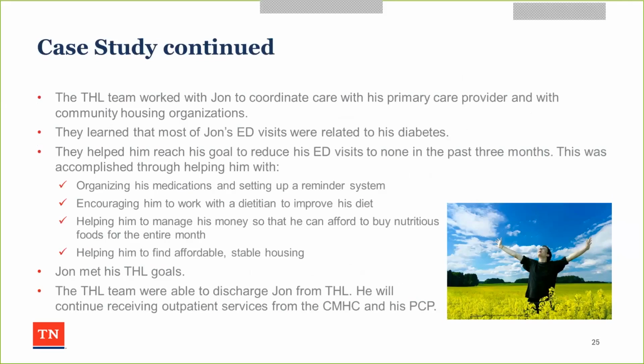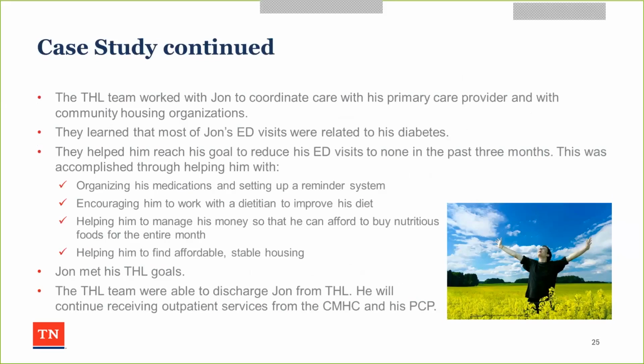decrease. So the interventions that they used is partially by organizing his medications, making sure that he understood those, and getting him in with the appropriate provider to provide that education, setting up a reminder system so that he would take his medication.